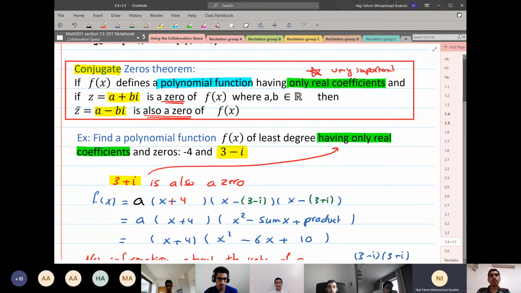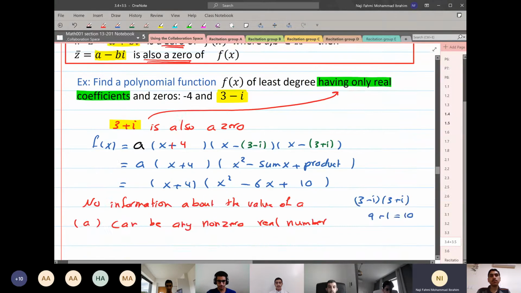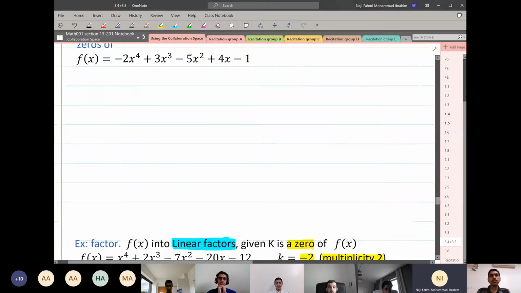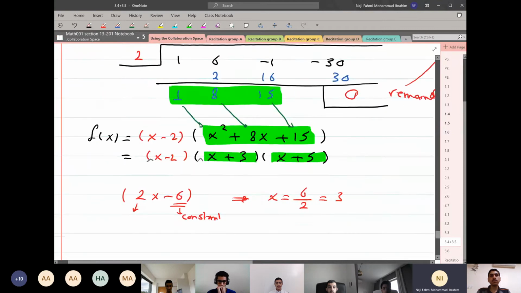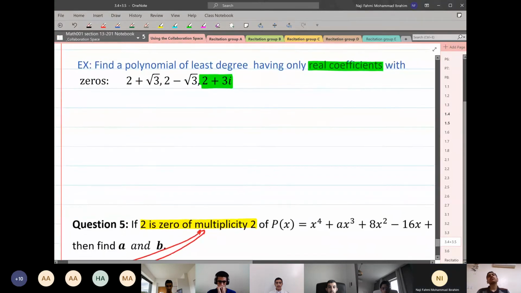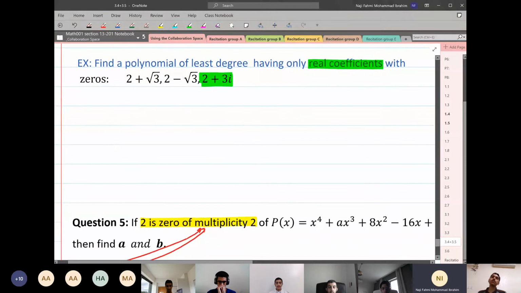And this will only be true if we have real coefficients. So in this example that we are starting with right now, are the coefficients real or not? Yes. The answer is yes. Do we have a complex zero?